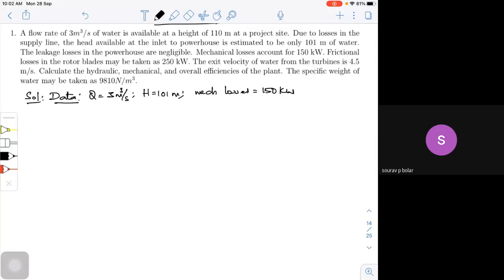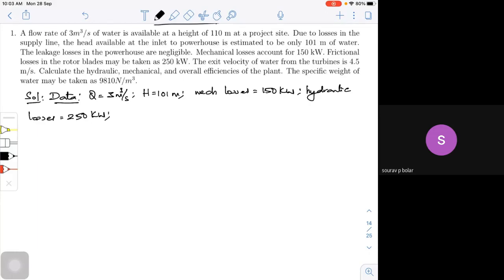Fine. Then we have the hydraulic losses, which is around 250 kilowatts. Then see what is happening.